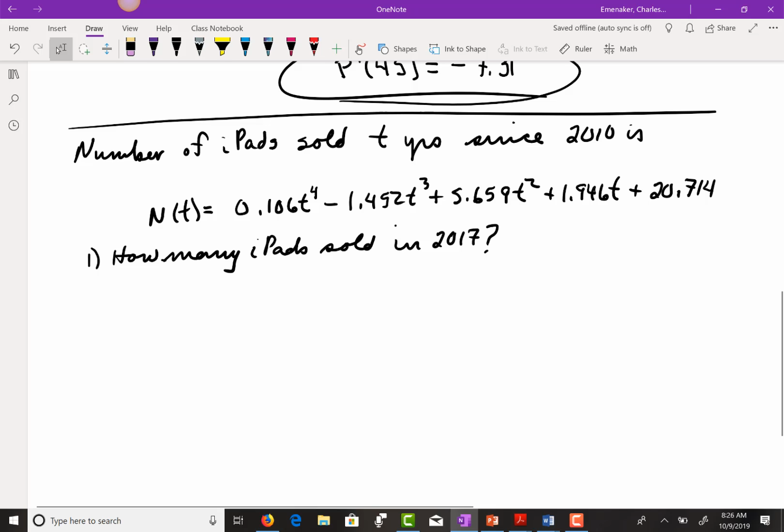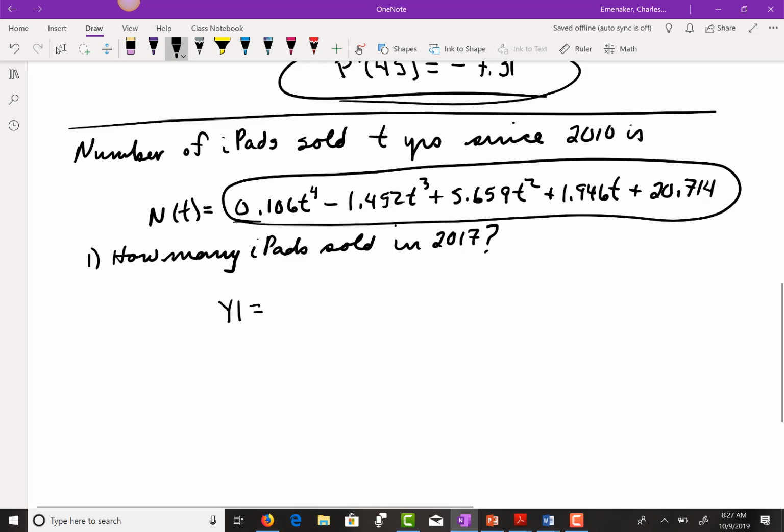So how do you handle something like this? What I would encourage you to do is to go to y equals, and in y1, put this number in. Why is that? Because what we're going to have to compute here is the value of this function at 7, aren't we?